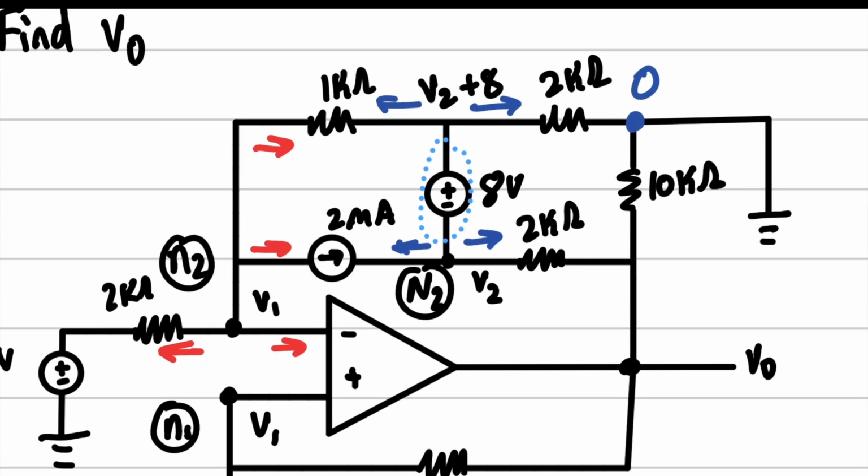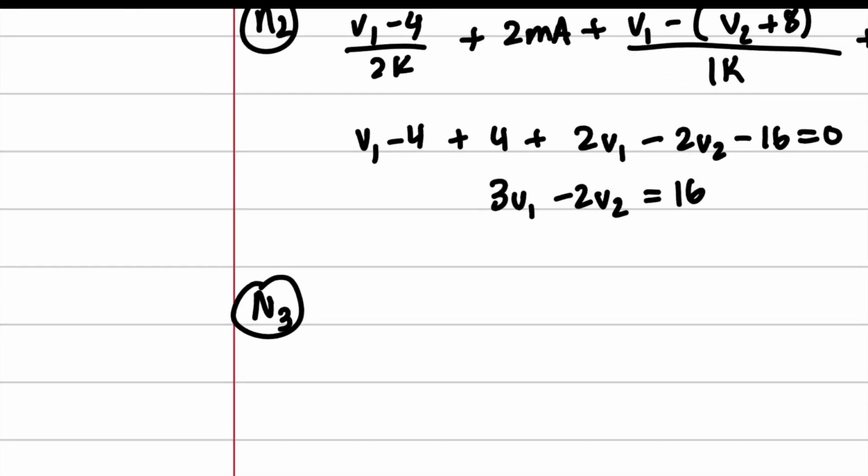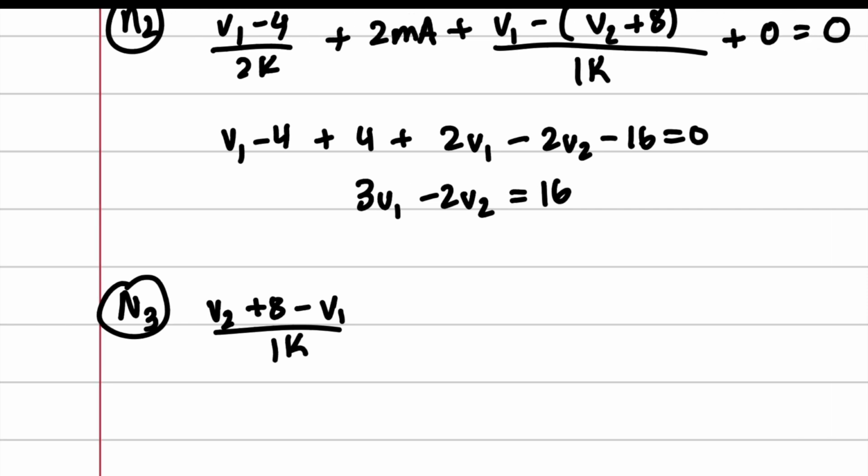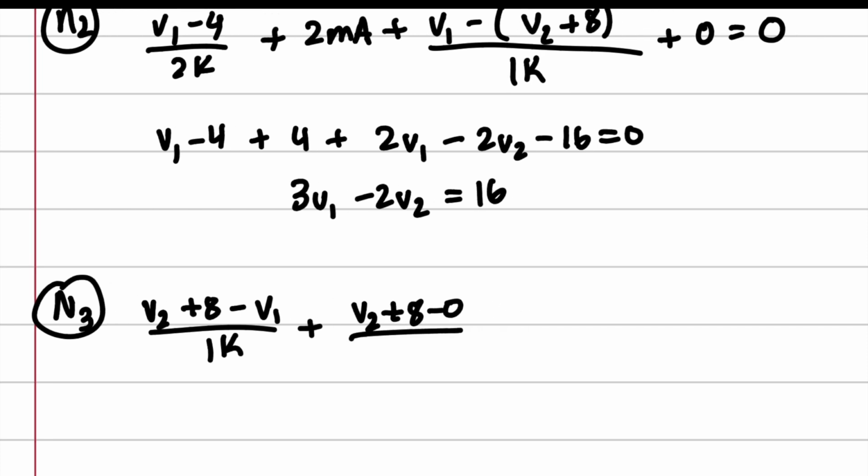So this supernode is going to have 4 terms in it, and we are going to have V2 plus 8 minus V1 over 1k, plus V2 plus 8 minus 0 over 2k, because one of them is going to ground.